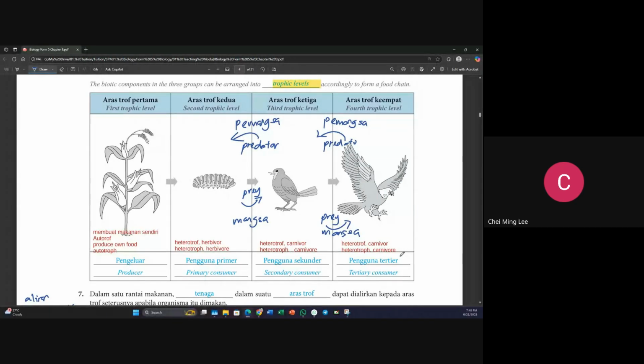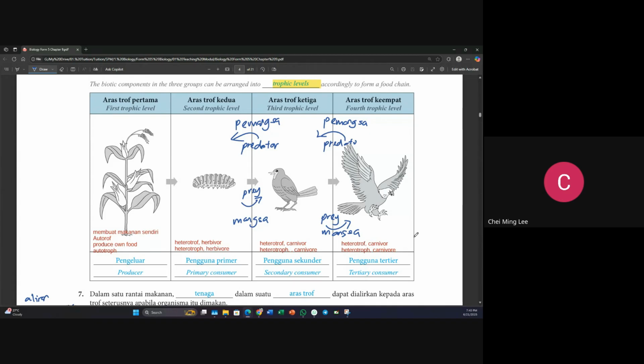Of course you can go to pentary and so on, and they do exist, but in most cases a food chain normally only consists of 4 levels. Even in Form 6 you learn only until 4. There are seldom cases that go to the 5th.